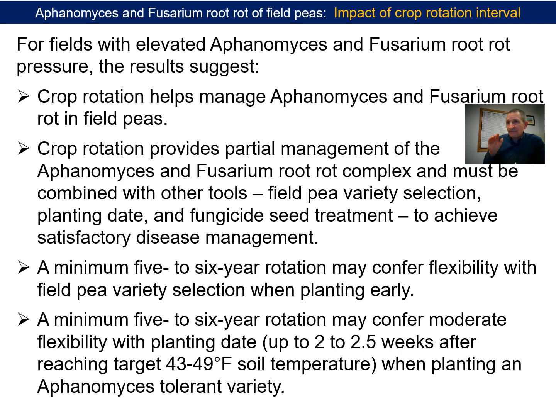Every field and every farm is going to differ in the mixture of pathogens contributing to this root rot complex. The strains of Aphanomyces, the species of Fusarium, and the relative importance of Aphanomyces versus Fusarium can differ across farms and fields.